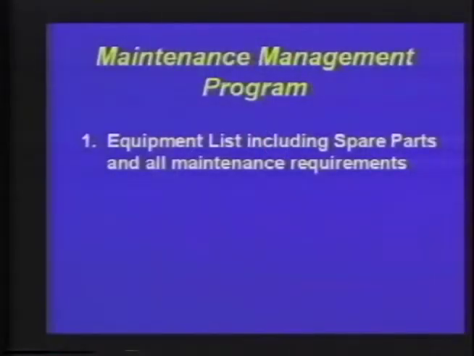So starting with item number 1, this is the starting point of the entire maintenance management program. It is the listing of all assets, which is really the mission of the maintenance management department, and that is to keep those assets at their highest operating proficiency.